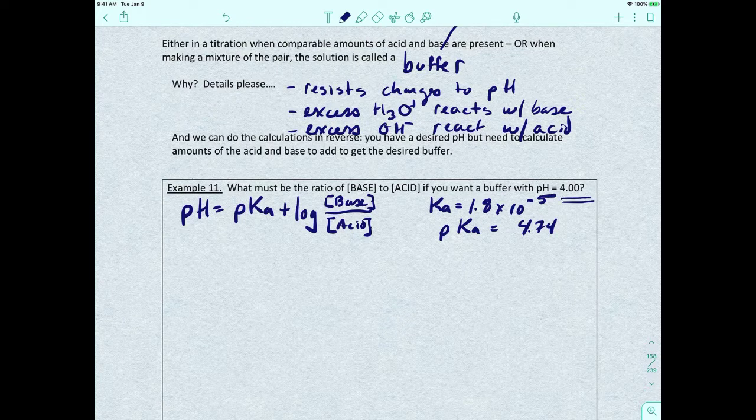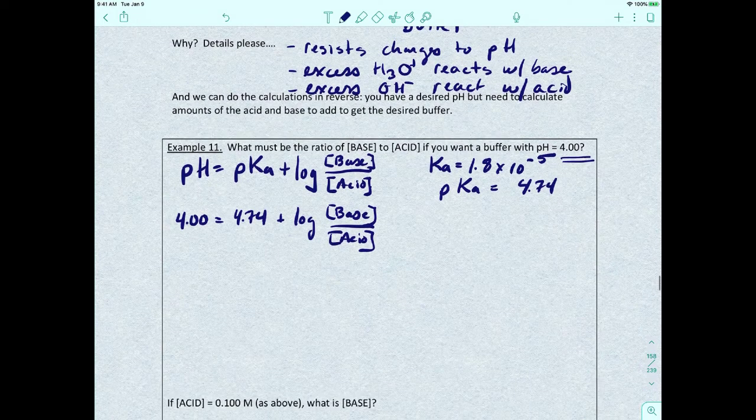All right, so let's pop in our numbers. The pH has to be equal to 4. The pKa was 4.74 plus the log of base over acid. Okay, so if I subtract 4.74 from both sides, I get that the log of the base over the acid is going to be equal to negative 0.74.